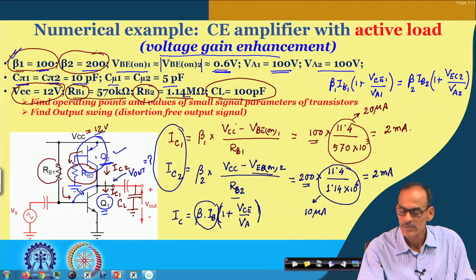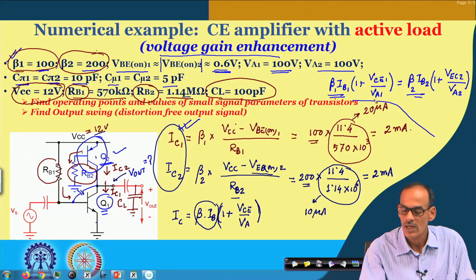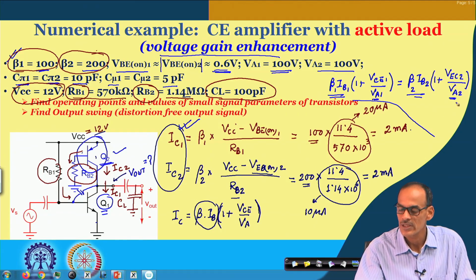Now, this part and this part we have seen are equal. So now, just by equating this factor, since the early voltages of the two transistors are equal, we can get the result.